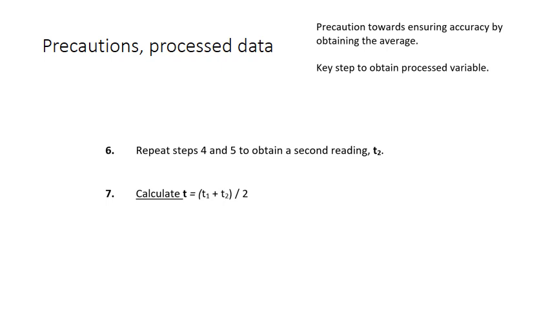So the next segment is about precautions and process data. And for precautions, if you remember doing pendulum experiments, usually we must take some average of some sort, and hence I want to repeat steps 4 and 5 to obtain a second reading, which is T2. Okay, and step 7, which is your process variable.